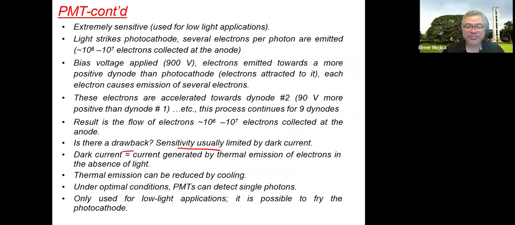How do you remove this thermal emission? You use cooling. That's why when we use a laser with biological stuff, we have a temperature set up to make sure that it is at least in cold condition.